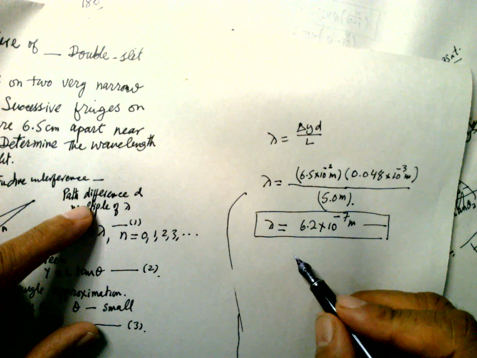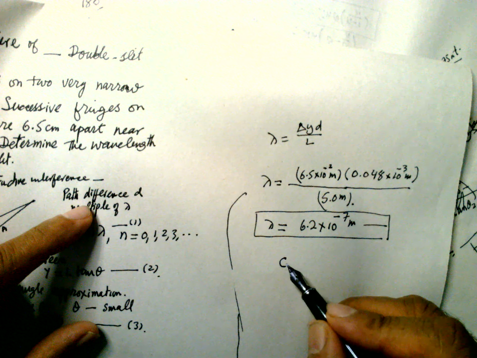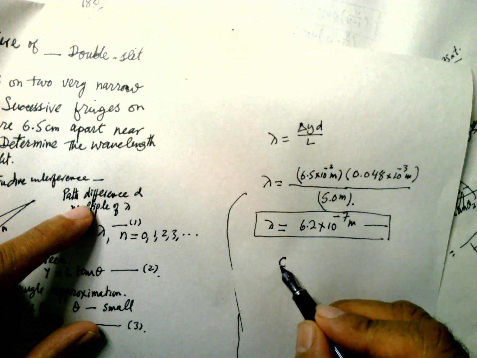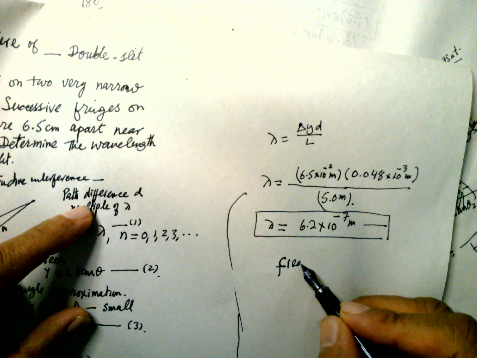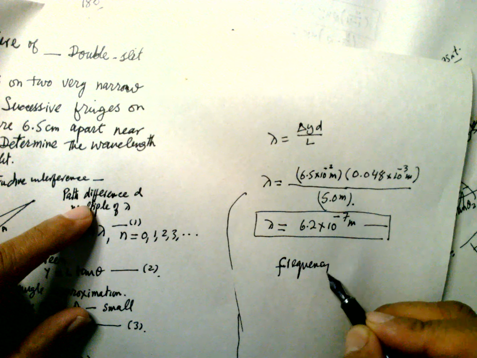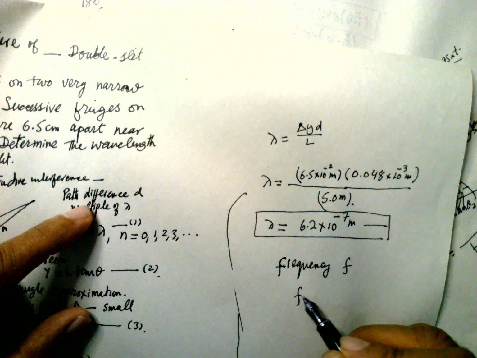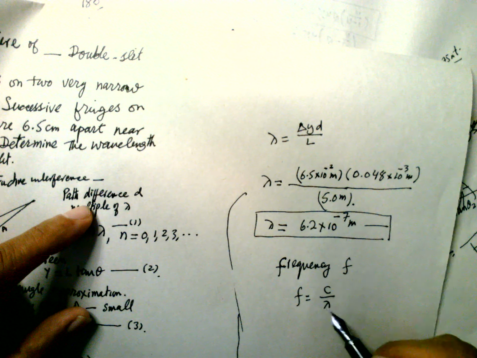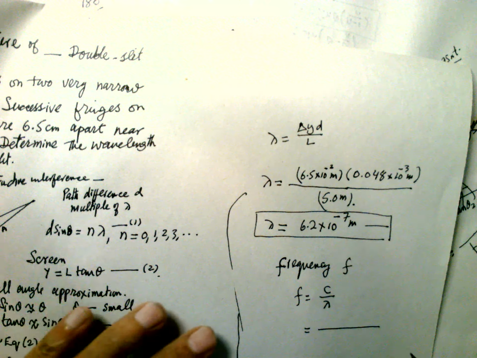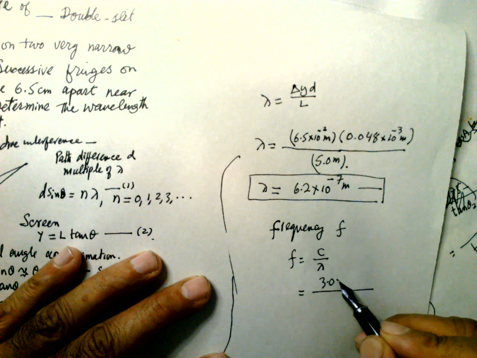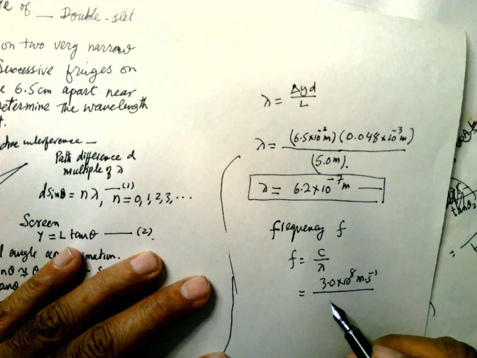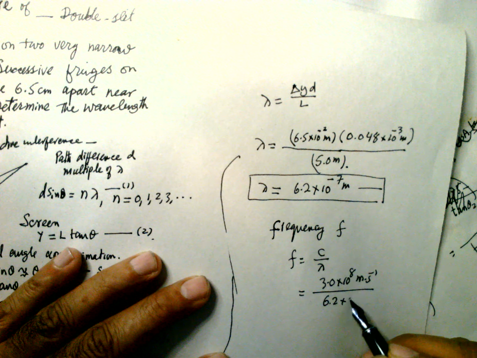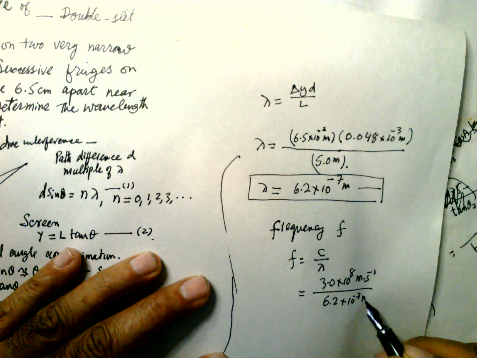And then frequency. Frequency we have to determine. Frequency f is equal to c over lambda. This is equal to c, which is 3.0 into 10 to the power 8 meter per second, over lambda, which is 6.2 into 10 to the power minus 7 meter.